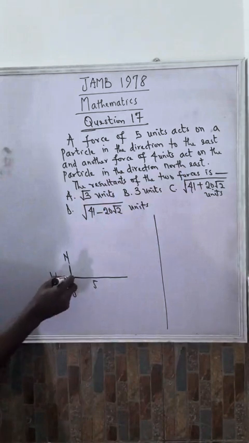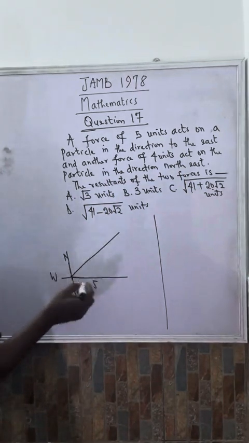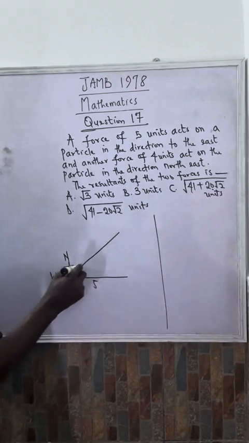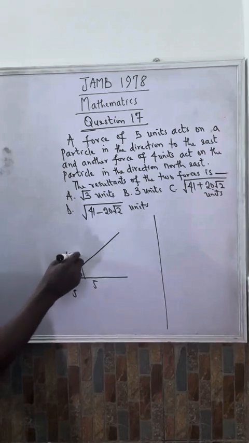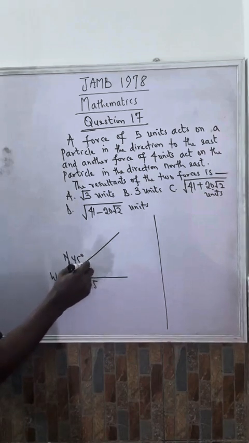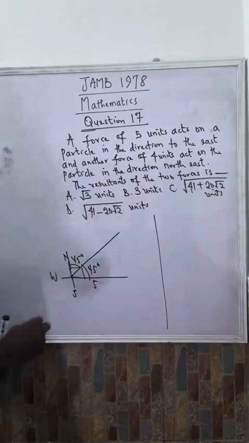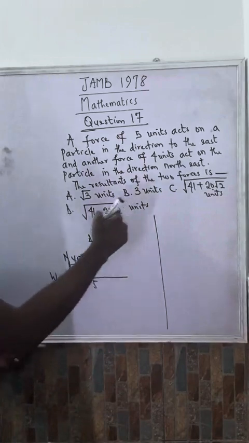If it is half, you know that the total angle is 90 degrees, perpendicular, this and this is 90. But this alone will be 45 degrees, and here alone will also be 45 degrees. This one is 4 units and this is 5 units.